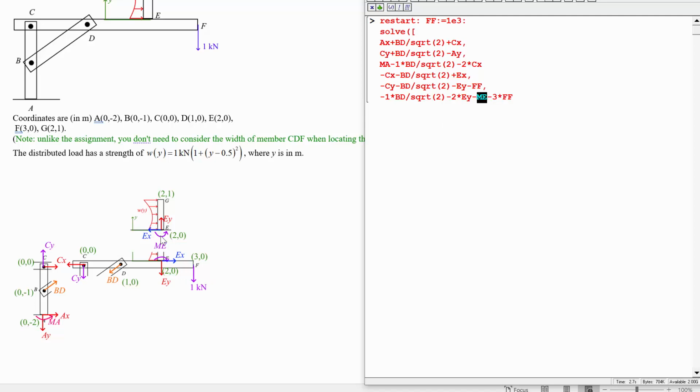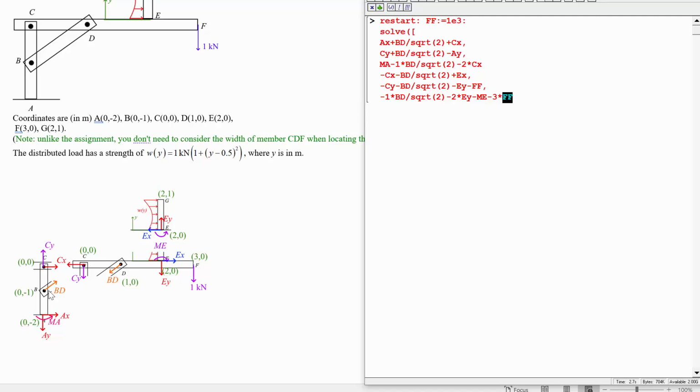It looks like ME has to be positive because just from EG, if W at Y is positive and pushing to the right, we're going to need ME to be positive to counteract that. So this is positive, which means further some of these other things in here like EY, well, EY is going to be 0. So FF is not positive, or is negative because that's known, which means definitely we can say for sure that BD has to be negative.